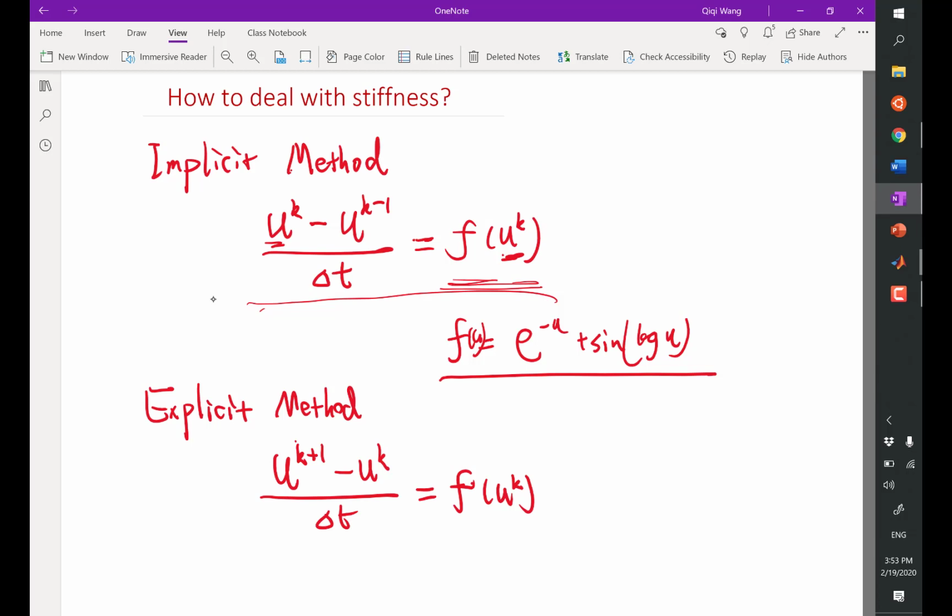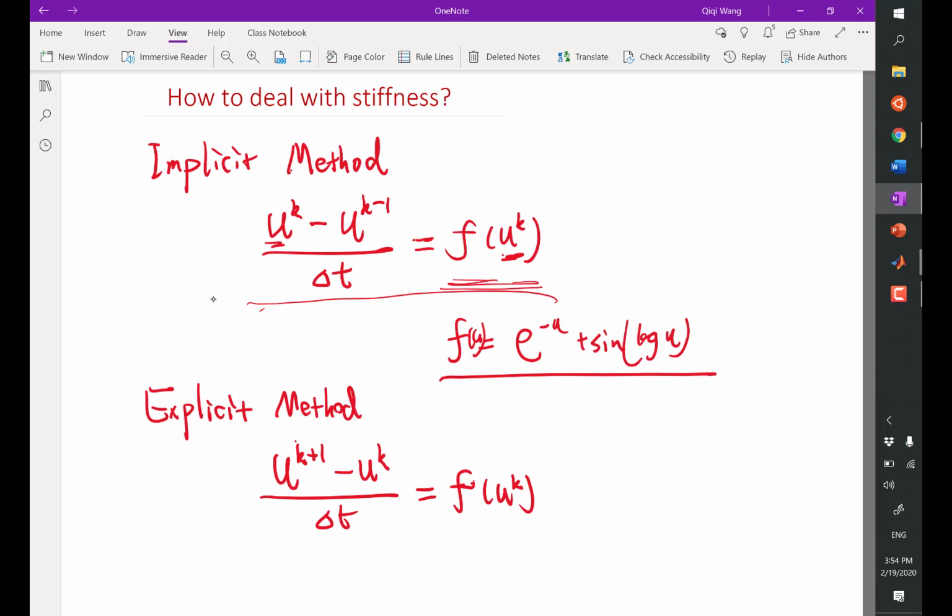And there is usually no analytical solution if f is complex enough, so you have to use a numerical method. If f is simple, you probably have analytical solutions. If you don't, then f is probably not so easy. You have to solve this using some Newton's iteration, for example.